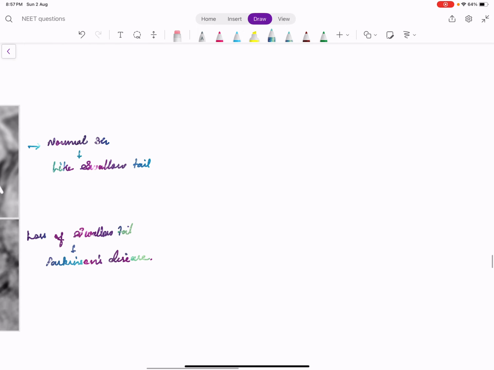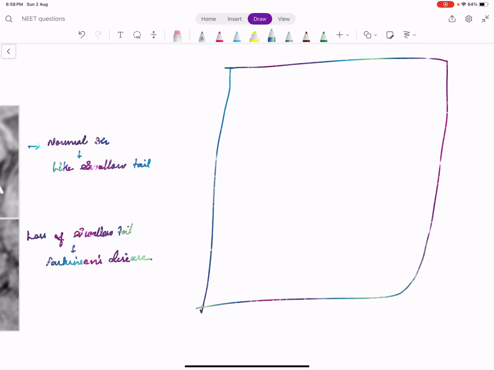Remember dopamine, we had discussed somewhere in endocrinology that dopamine inhibits prolactin secretion. Dopamine is a very important neurotransmitter in the brain because dopamine inhibits prolactin. Second, dopamine is present in the substantia nigra to help with movements.